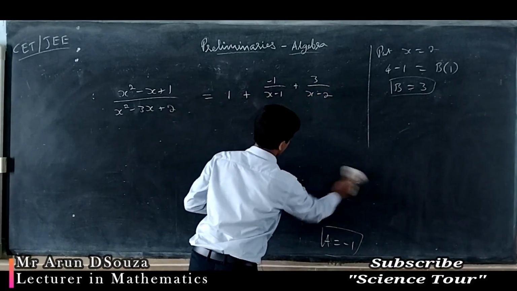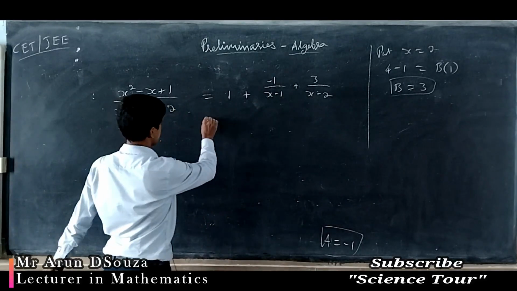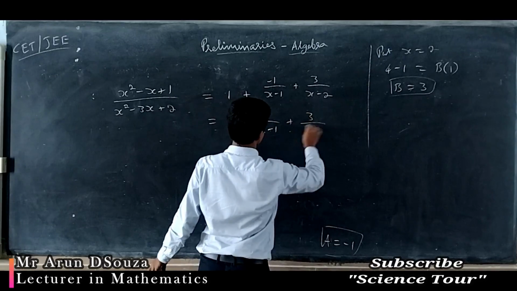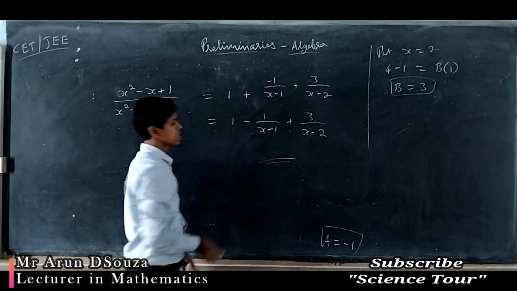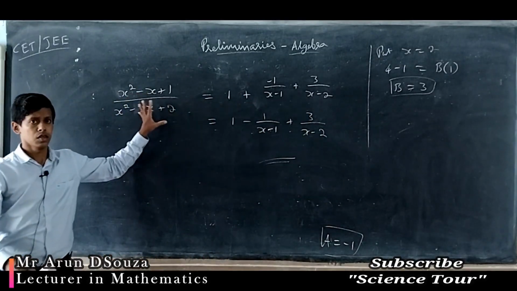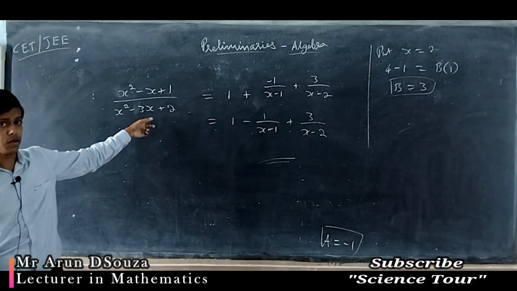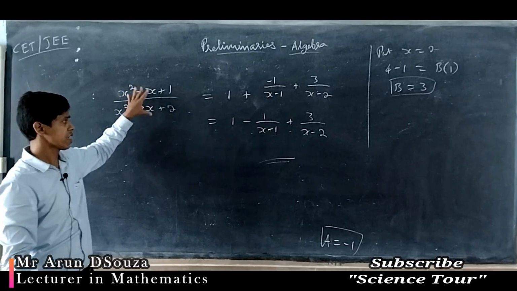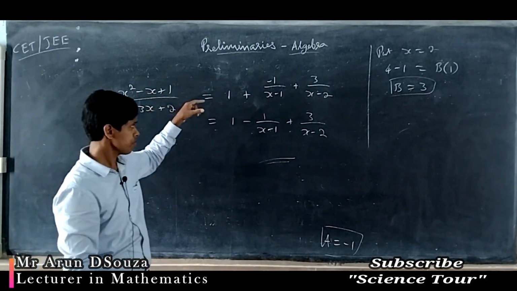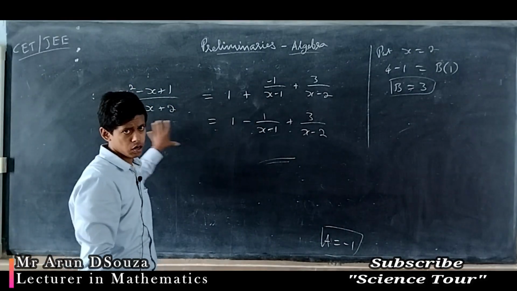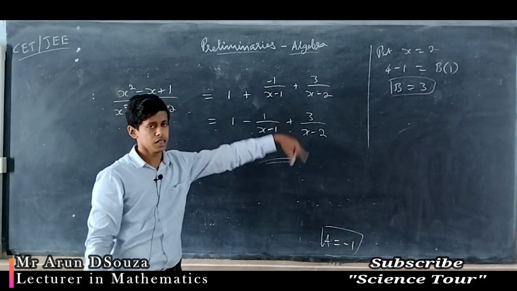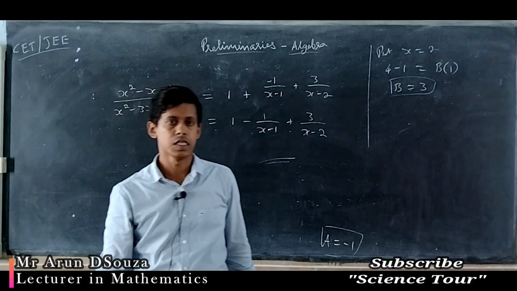So finally it can be written as 1 minus 1 by x minus 1, plus 3 by x minus 2. These are the factors of this improper fraction. Okay, so improper fractions can be made into proper first by the long division method. Okay, and partial fractions are written, find the values of a and b finally. That's it.